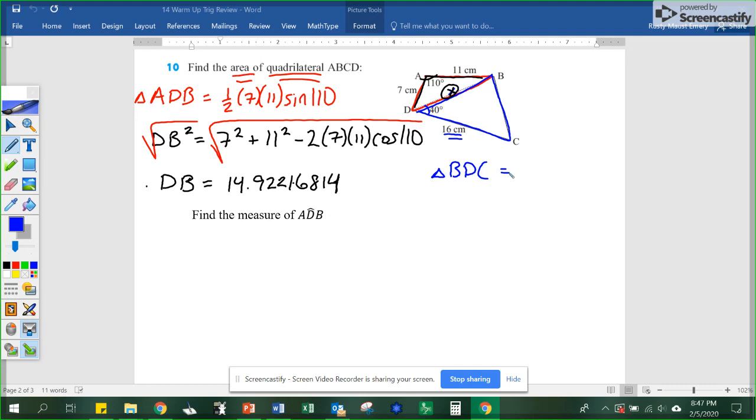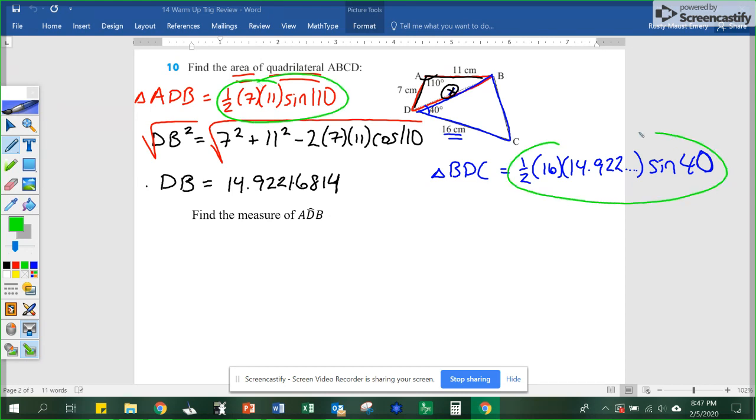we can go ahead and calculate the area of BDC by taking 1/2 times 16 times my unrounded value, 14.922, and so on, times sine of 40. So at this point now, I'm just making that calculation of taking the area, this value, and adding it to this value.